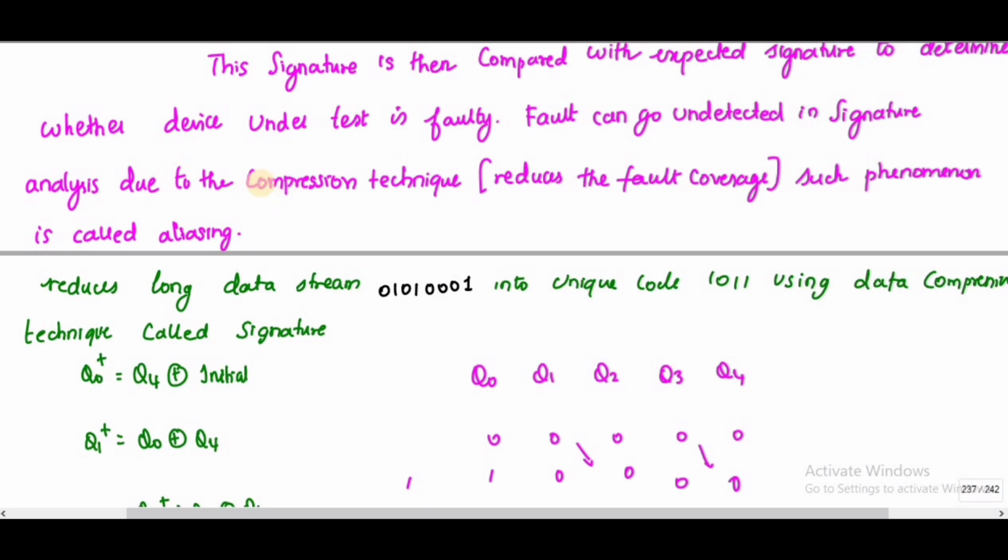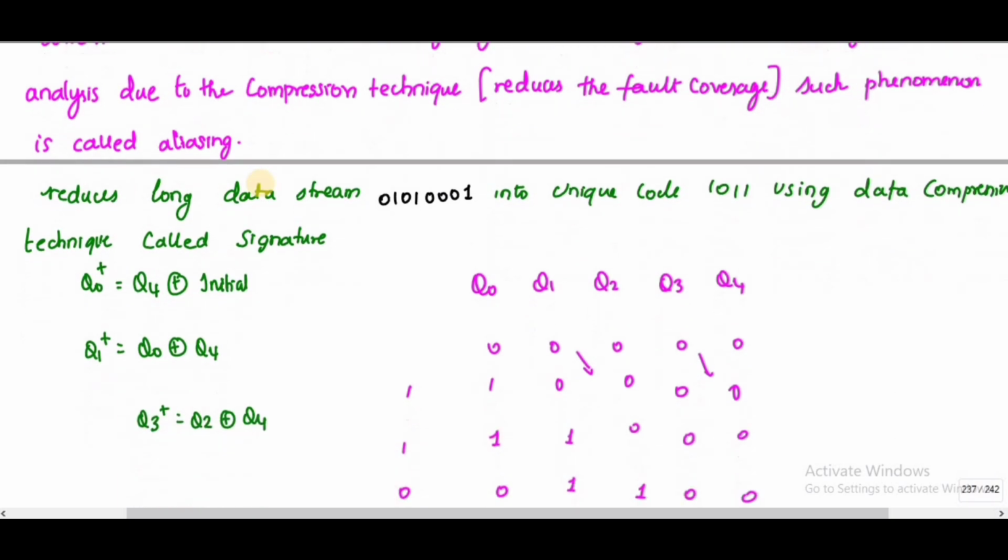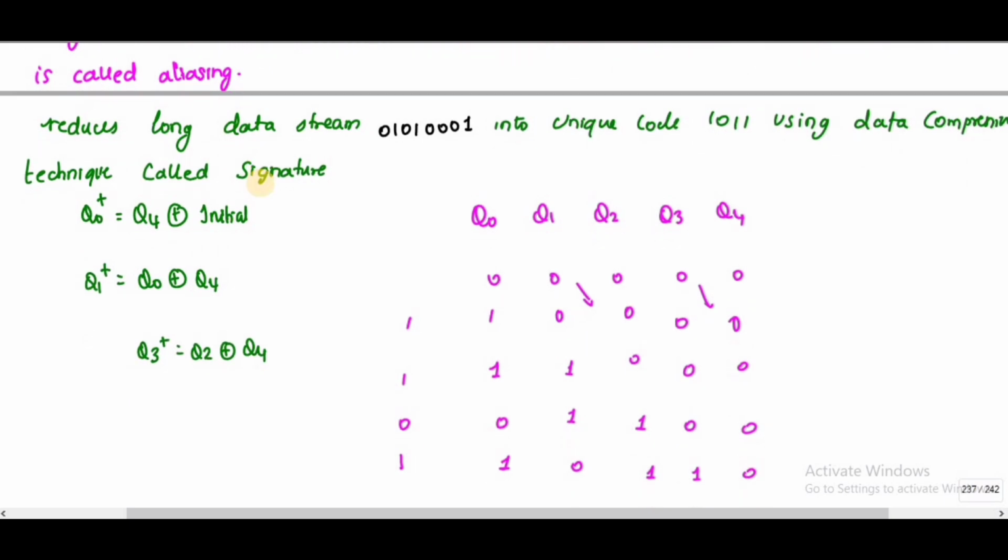So here the signature analysis uses the cyclic redundancy technique, right? So here I am going to give this as my signature, right? So this is my signature value, that is nothing but 111101, right? This is my signature.